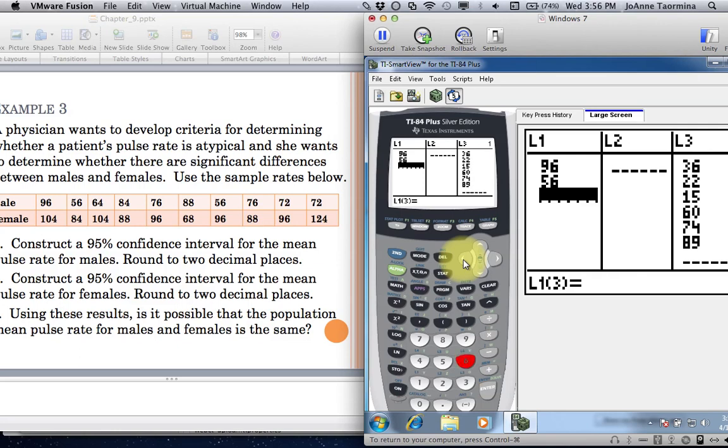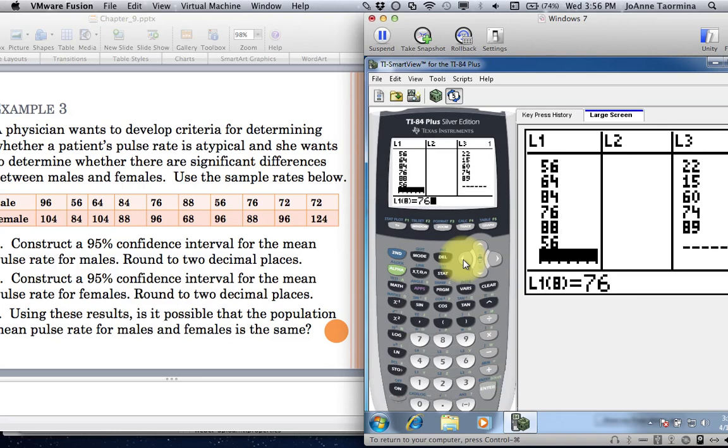96, 56, 64, 84, 76, 88, 56, 76, 72, 72. So 10 males.